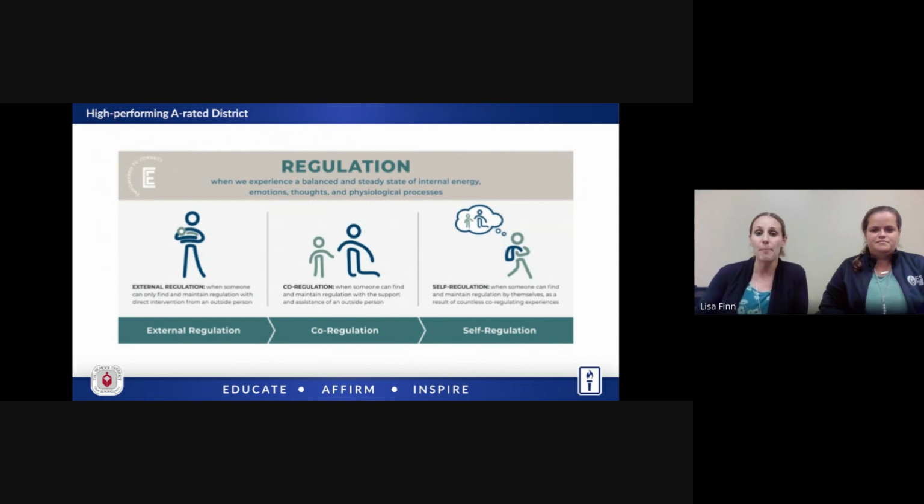And as we grow up, we go into this stage of co-regulation. And this is where we need somebody to come alongside us and help us develop those skills for regulation, the skills for identifying our emotions, those cognitive processes that Lauren just talked about, all of those things coming together. We need to be taught in context of situations that are happening when we're dysregulated, and also in teaching opportunities when we're calm and stable, right?